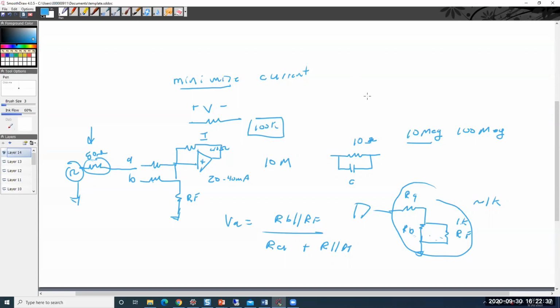Sometimes with bias, some people call these resistors, you're biasing the op amp. Other people would say, I'm configuring the op amp and these are signals. But regardless, this output is a signal.